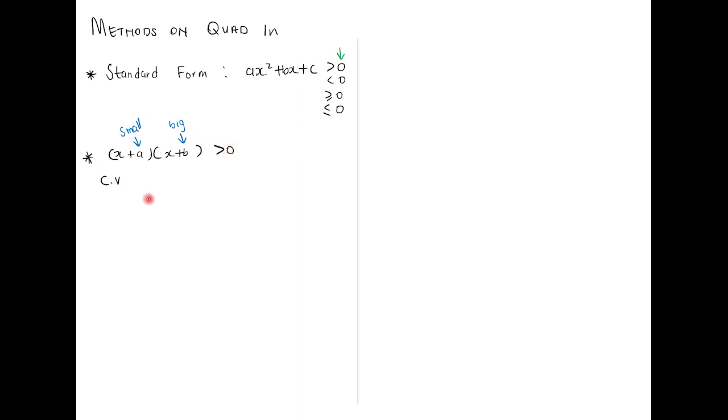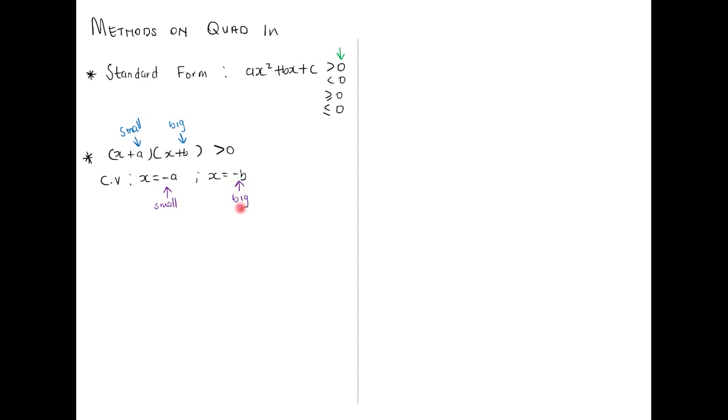Critical values are values which make this expression equal to 0. So the critical values are x equals minus a and x equals minus b. This happens whenever you have the first critical value small and the second critical value big.